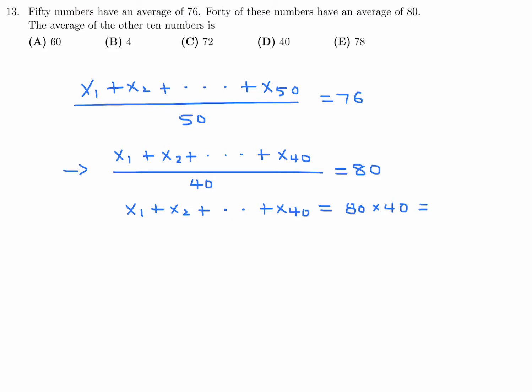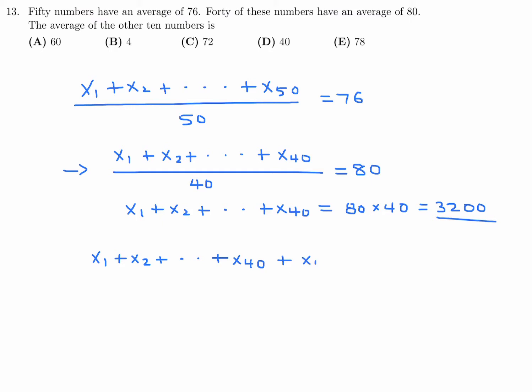And that is, of course, equal to 3,200. So going back to this original equation, we can plug that in. x1 plus x2 all the way up until x40, that is 3,200.